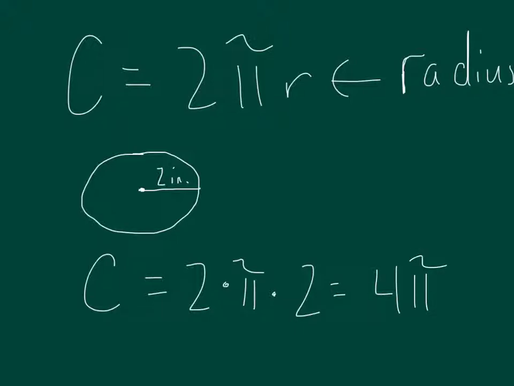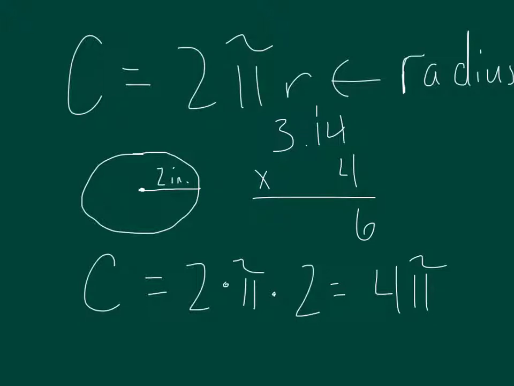Remember, 4 times pi is just 4 times 3.14. Actually, let's do it the other way. Let me erase that. And let's write it as 3.14 times 4. 4 times 4, 16.